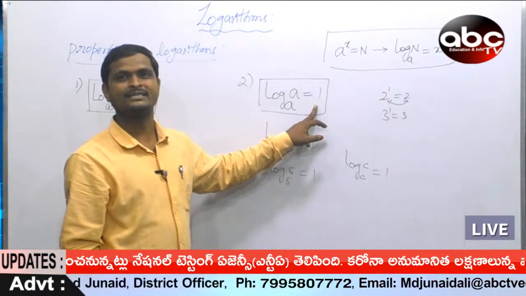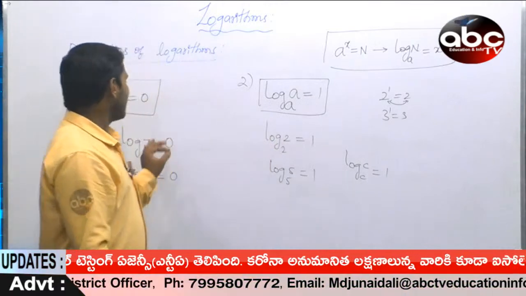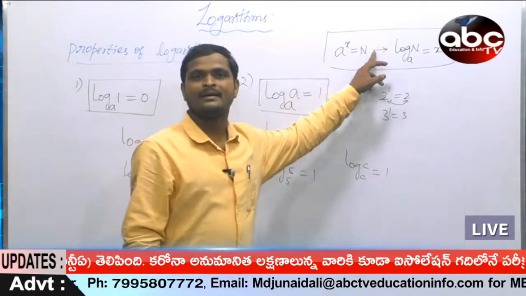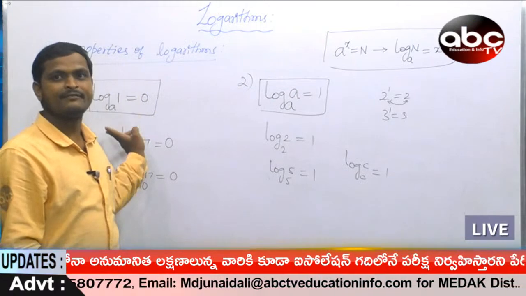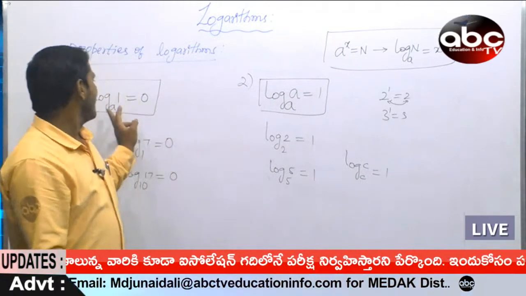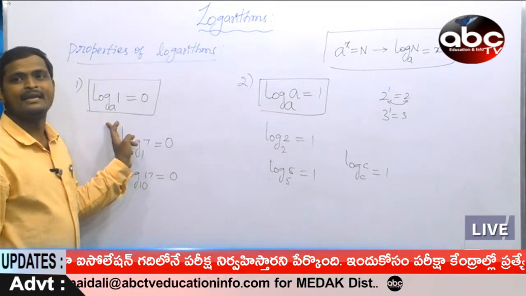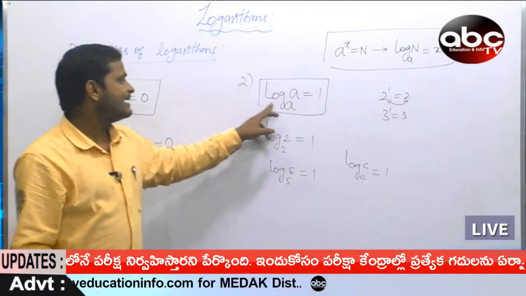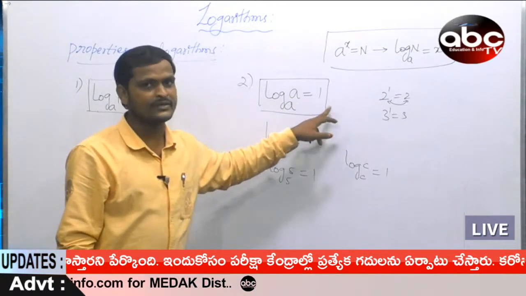Is it clear, students? Then in logarithm properties, the first one is log 1 base a is equal to 0, and the second is log a base a is equal to 1.